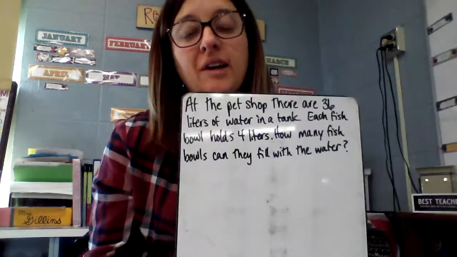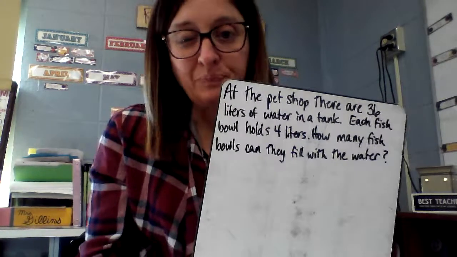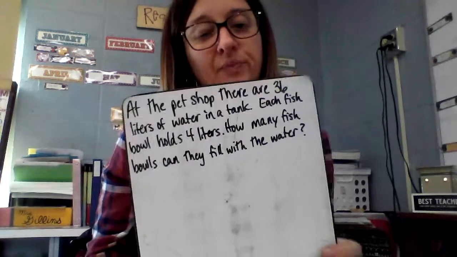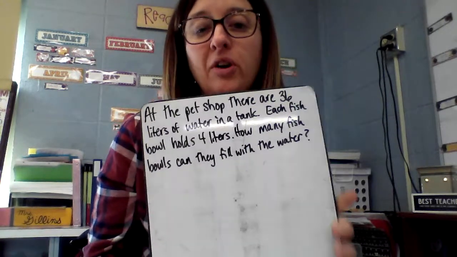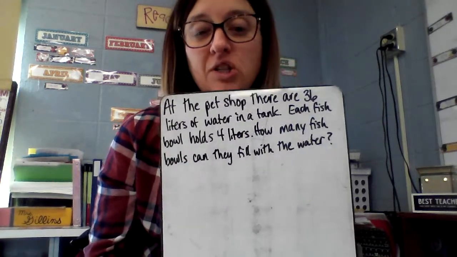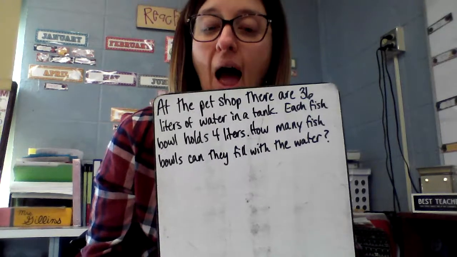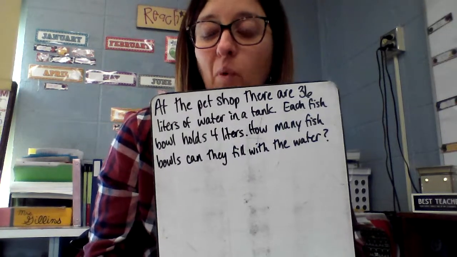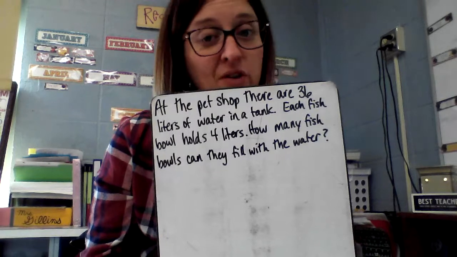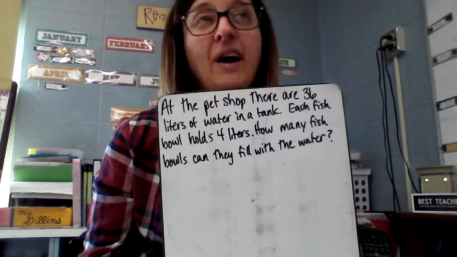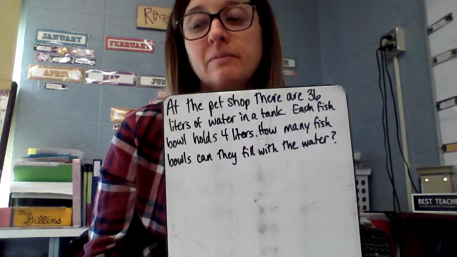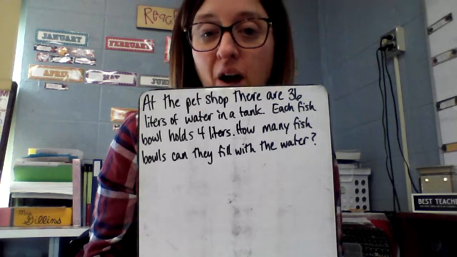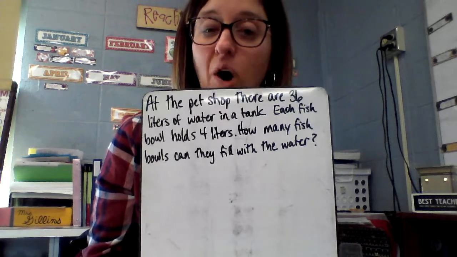Okay, we're going to take a look at one last example, one last problem we're going to do together. At the pet shop, there are 36 liters of water in a tank. Each fishbowl holds 4 liters. How many fishbowls can they fill with the water? Let's go back and look for that most important information, the stuff I have to solve the problem. At the pet shop, there are 36 liters of water in a tank.